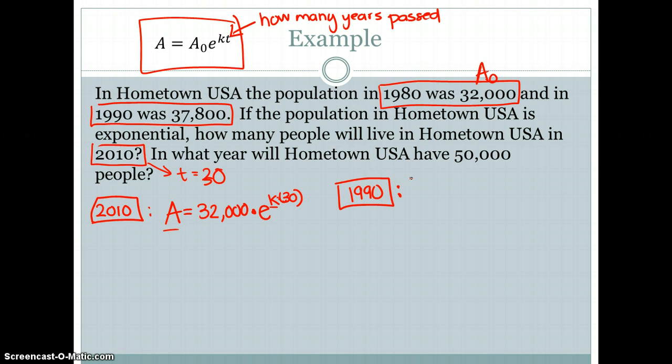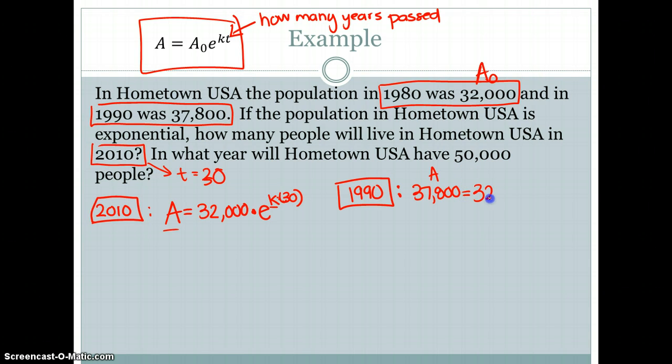So if we look at 1990, we consider 1980 our starting point, 1990 our stopping point. 37,800 is going to represent that A value, because that's the quantity the population was at in 1990.